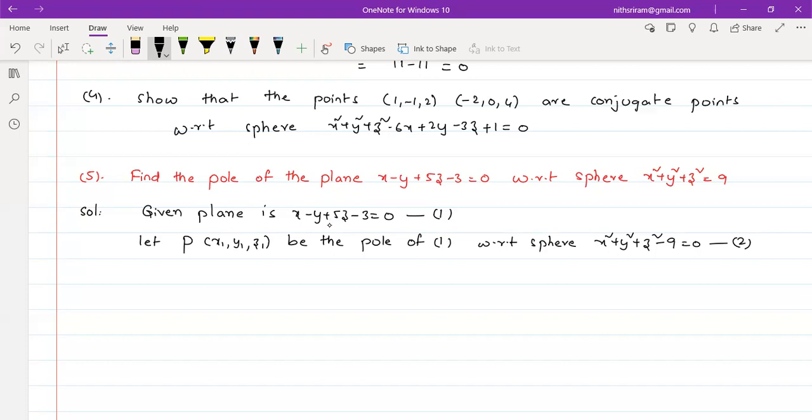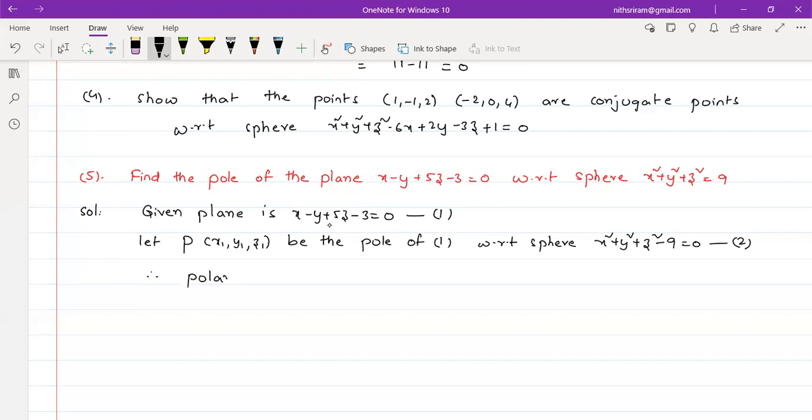Right. So whenever you suppose that P is a pole of 1 with respect to the sphere, then we can find the polar plane. Whenever we have a point together with a sphere, then we can find the polar plane. In our previous class, we have done a problem in that model. So I am finding the polar plane.